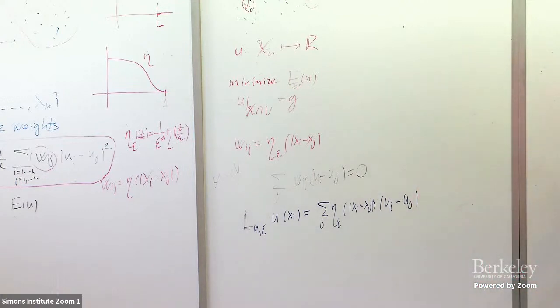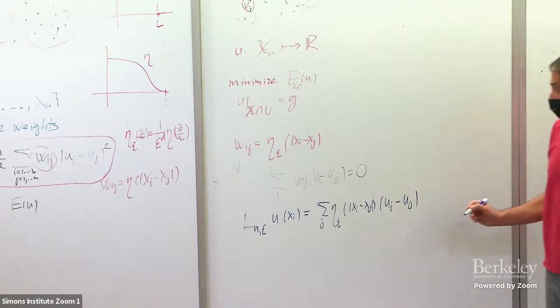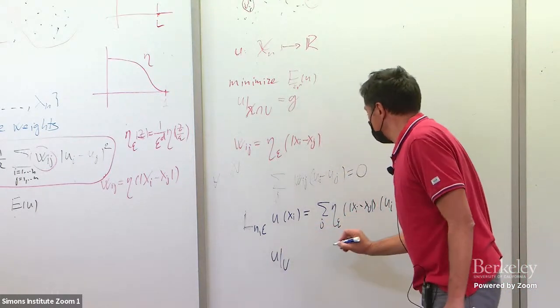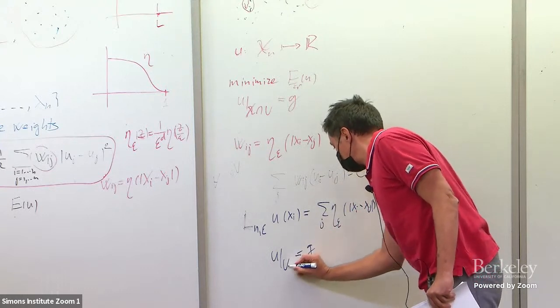Okay, so in this case, I have the constraint again that U restricted to the set U is going to be equal to G. Again, this is U.